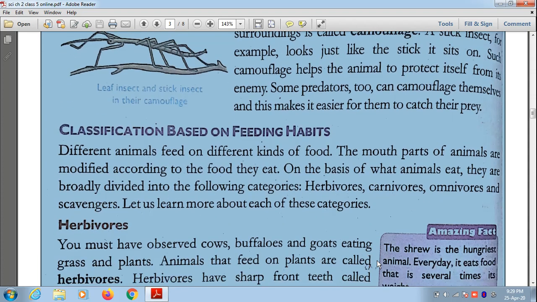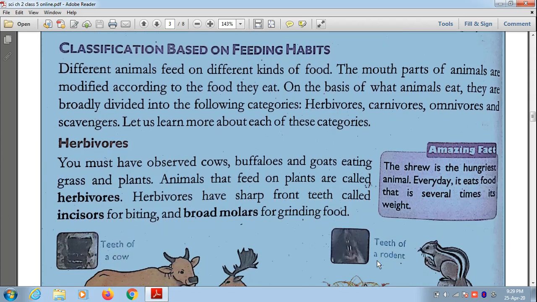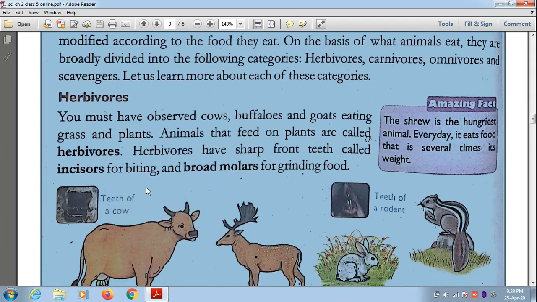Now, classification of the animals based on their feeding habits, right? Feeding habit means which animals are categorized as herbivores and which come under the category of carnivores. Herbivores are those which entirely depend upon plants and plant products, right? For example, here we can see a cow, right?